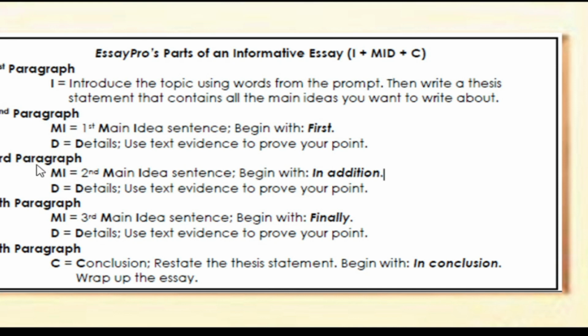The third paragraph has the second main idea sentence, or the body paragraph number 2. You have the main idea sentence and then details again that will support your point. And the fourth paragraph, which is your third body paragraph, has the third main idea sentence, and it is also supported by details that will prove your point.